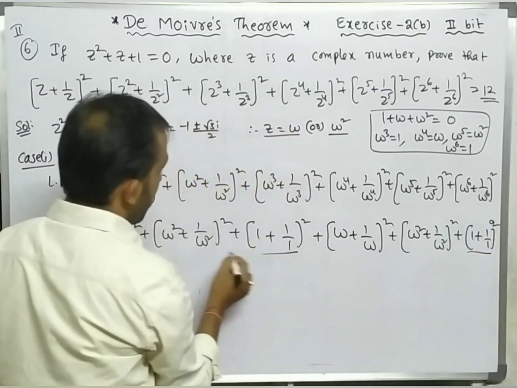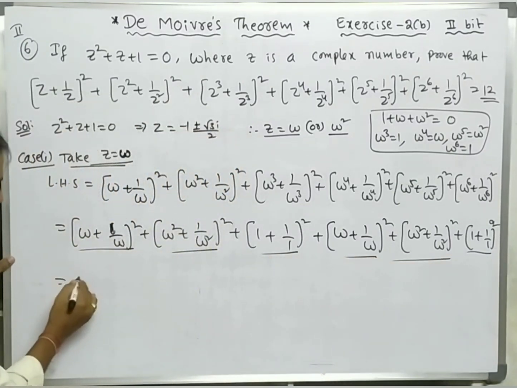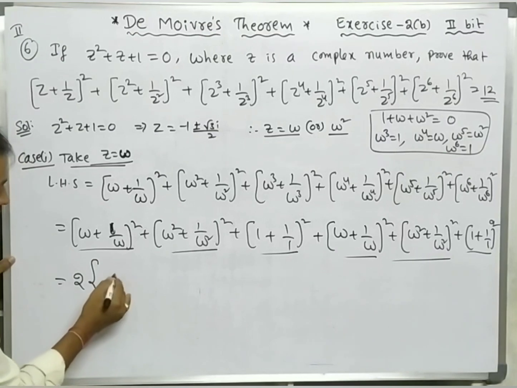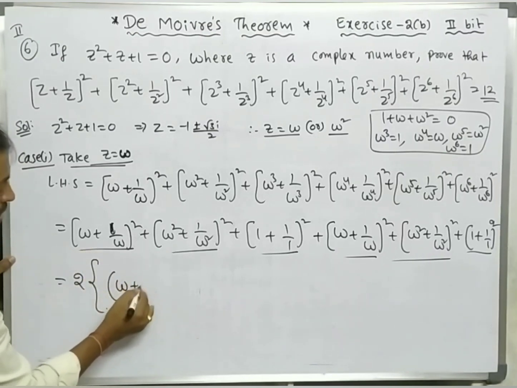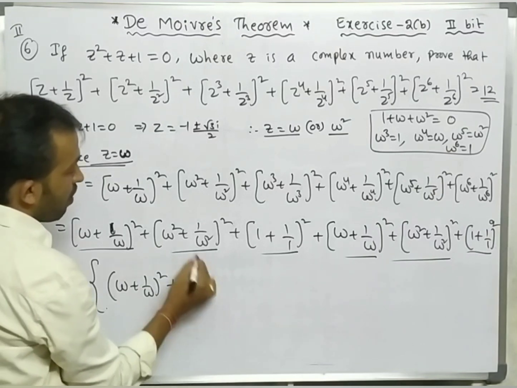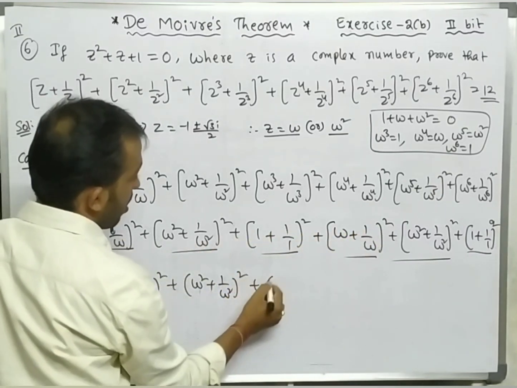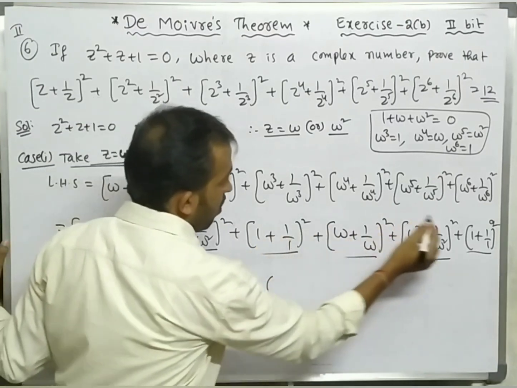So these two are same, these two are same, these two are same. It can be written as 2 into the bracket of omega plus 1 by omega whole square plus omega square plus 1 by omega square whole square plus 1 plus 1 whole square, which is 2 square.